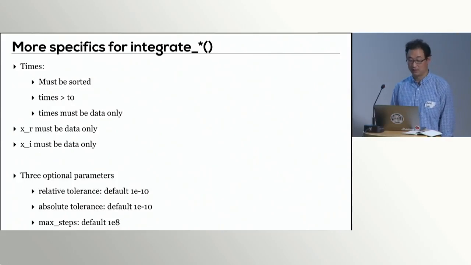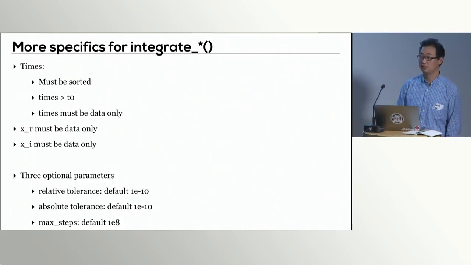The first is the relative tolerance, defaulting to e to the minus 10, then absolute tolerance, and the max steps. As you're debugging, one of the things that I do is set the max steps pretty low, just to make sure that I get out of bad parameter spaces.